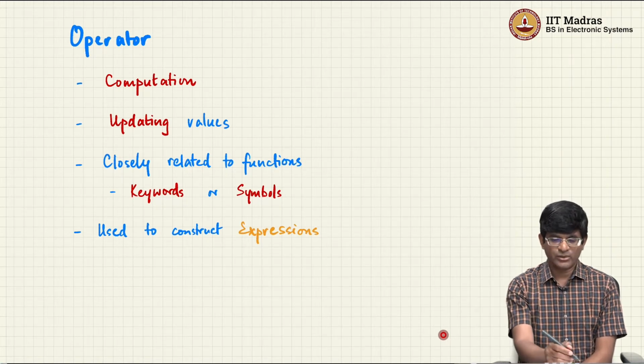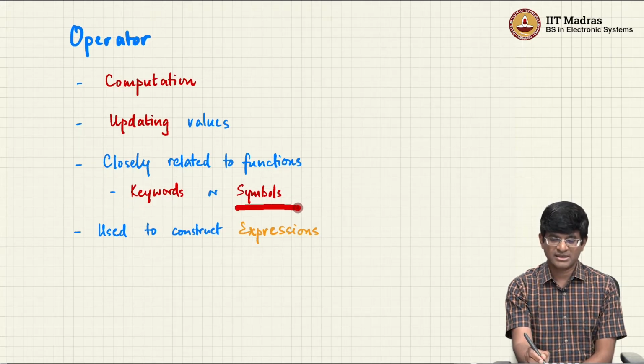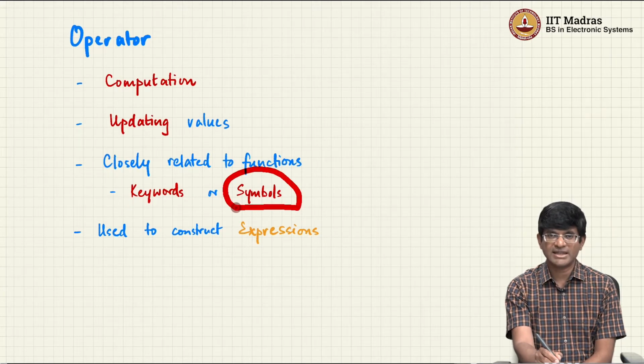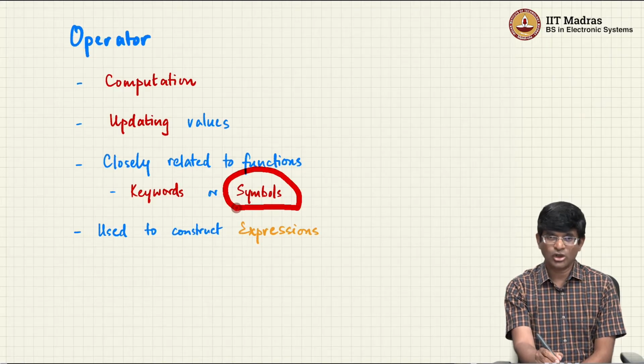Typically, in a programming language like C, we use certain keywords or certain symbols. The majority of operators in C actually correspond to certain symbols which are non-alphabetic, and which perform certain specific kinds of computations. But not all operators need to be symbols.